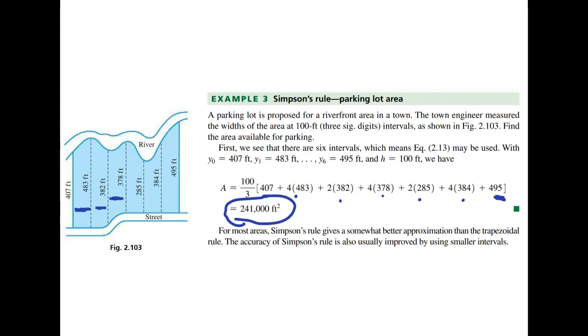Now, notice here the statement: Simpson's rule usually gives us a better approximation, and the reason for that is because of the curved connections instead of the segment connections. But we can use either one of these to approximate an irregular shaped area.